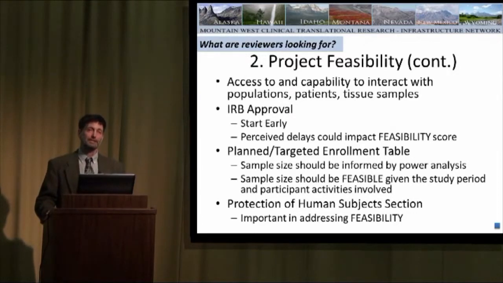You can address this in the very detailed, very prescriptive section called the protection of human subjects section that requires each applicant to address very specific elements of their approach and where that impacts human populations and human participants. That area is a nice place where one can describe further how an investigator is going to access, through what collaborative network, particular samples or patient populations, if that's appropriate to your application.